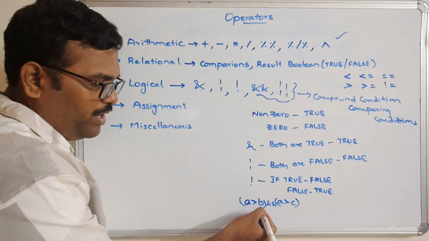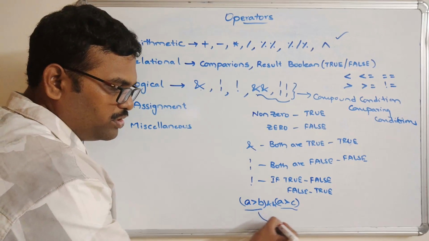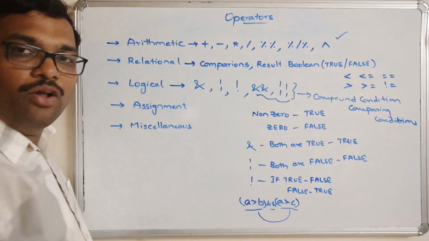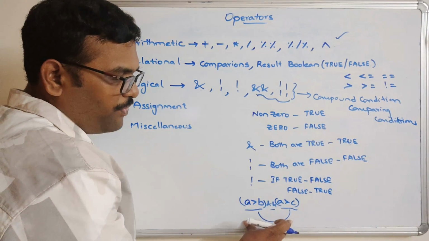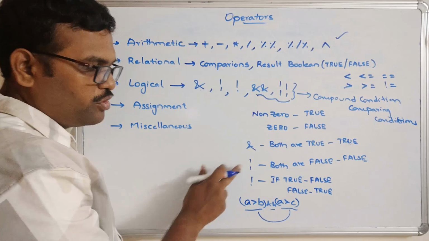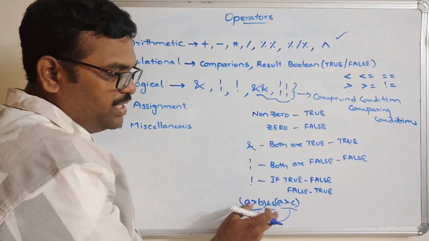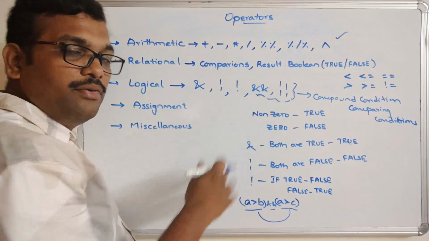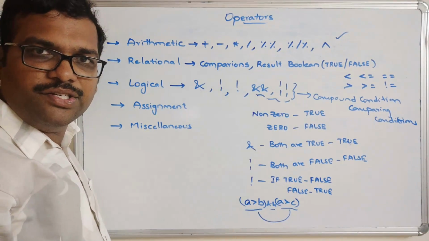We'll get a Boolean result for this condition and a Boolean result for that condition. For those results, we'll apply the AND operation. If both are true, then only we'll get true. If both are false, it will be false. Similar to single ampersand and single OR, but here we use double ampersand and double OR for compound conditions, comparing different conditions.